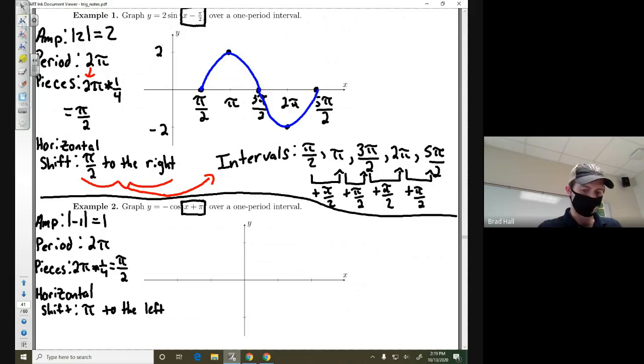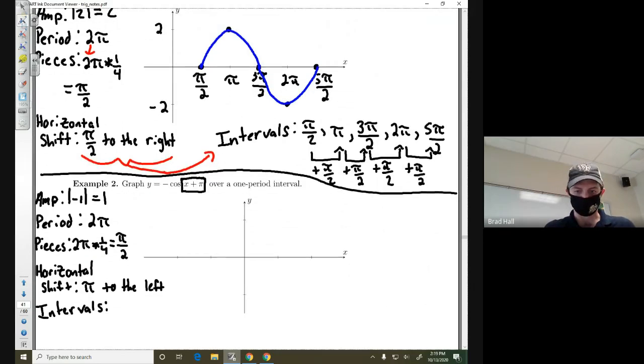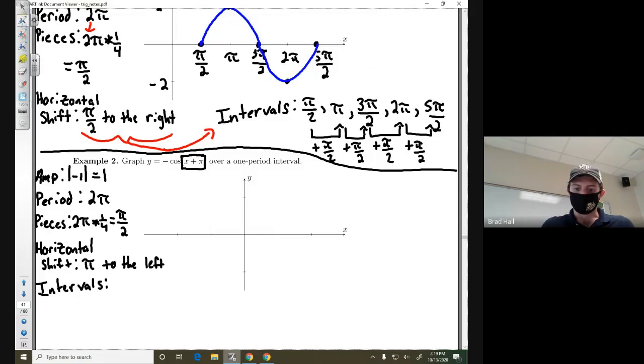Now we go on to the intervals. There's a reflection, yeah, we'll get to that next. There is a reflection. So the intervals, what is the first value we start off with? No. What's the first value I list in the interval?